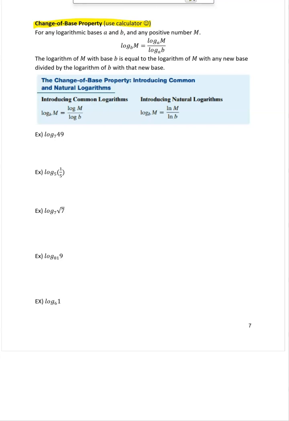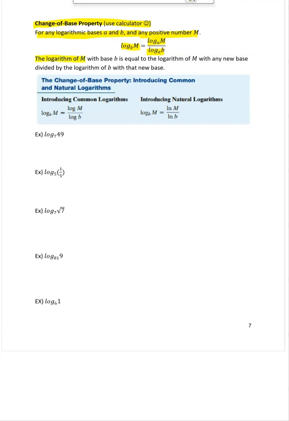Okay, so for any logarithmic base a and b and any positive number m, log base b of m is always log m over log b. So that's how you can find out what your logarithmic solution is.